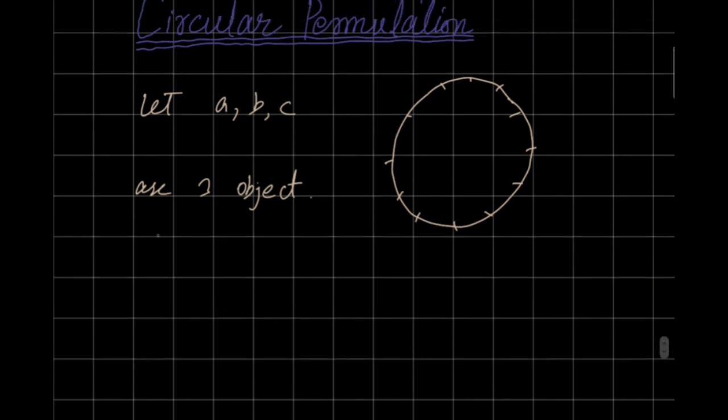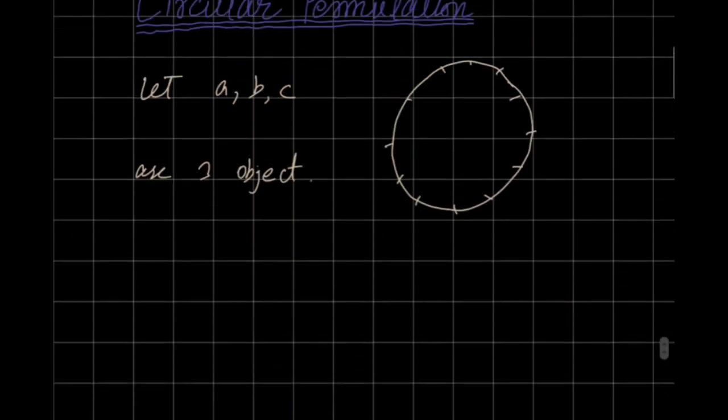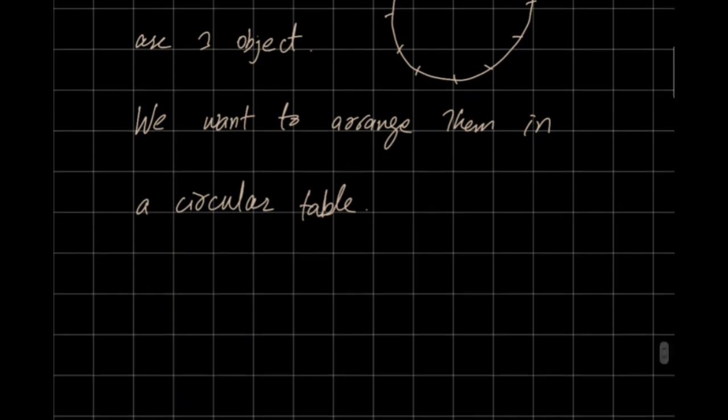Okay, so we have three elements, A, B, C, and we want to arrange them in a circle. We will consider a table which has three chairs, but that table is circular. Look at this table here. This is a circular table.